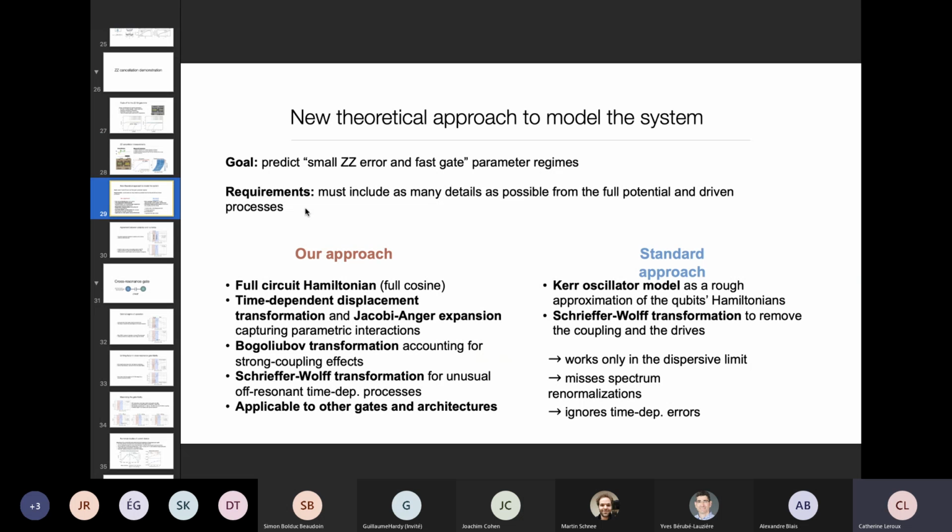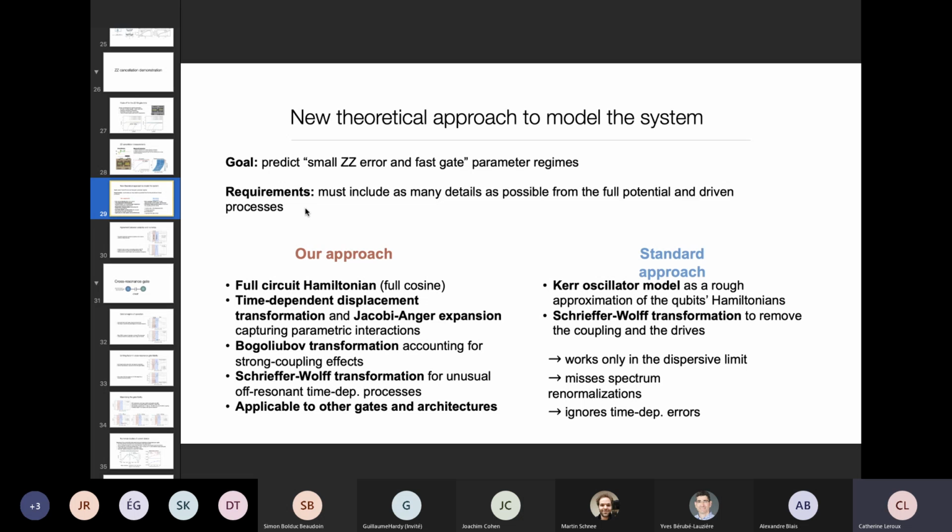Compared to standard approaches, we analyzed a full circuit Hamiltonian with all the cosine potentials associated with the junctions. We define an optimal basis of operation. We use a time-dependent displacement transformation and Jacobi-Anger expansions to really understand all the parametric interactions happening in our system.